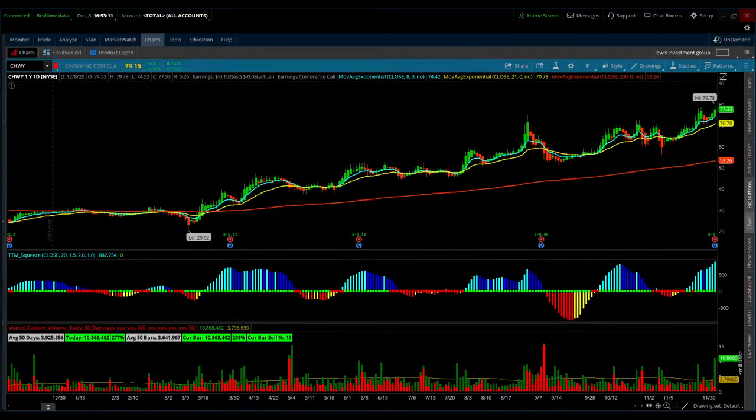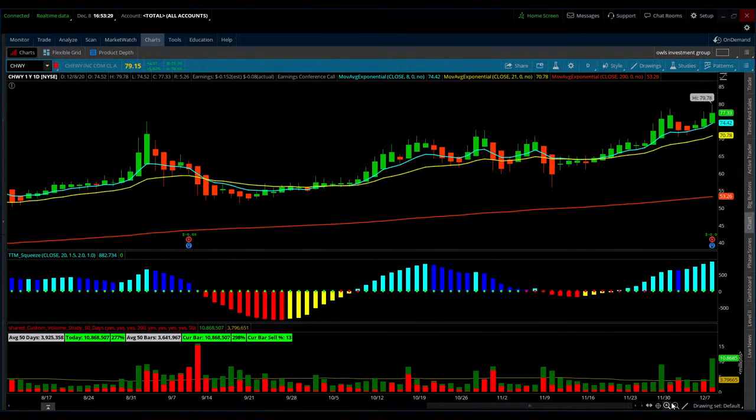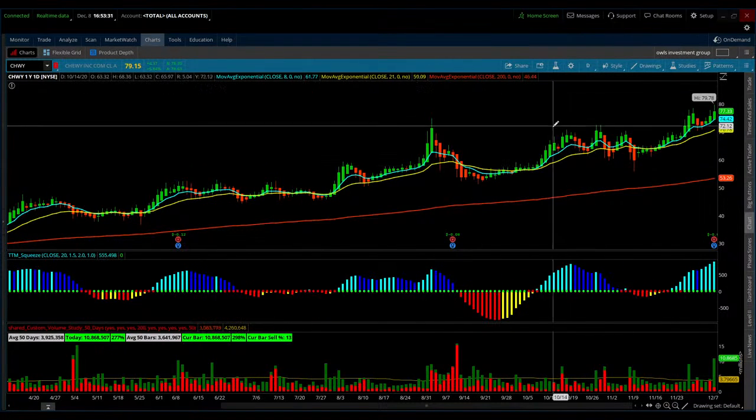A support is like walking on thin ice. The ice is getting thinner and thinner, and once you break that thin ice, you're falling. So the first thing I do when I look at charts is set up my resistance and supports.